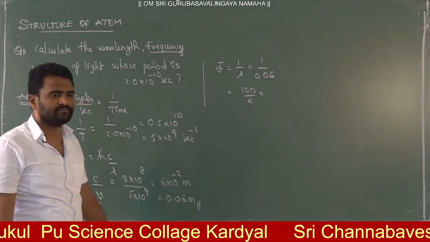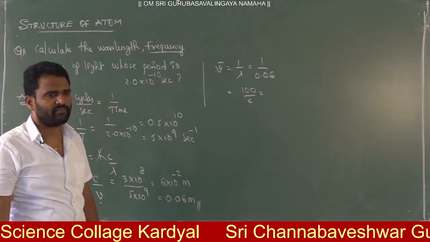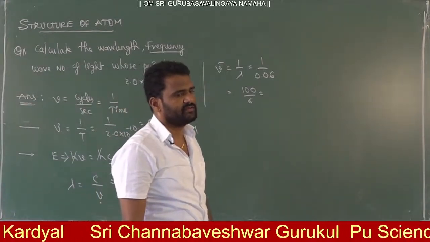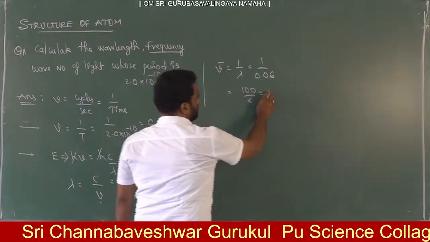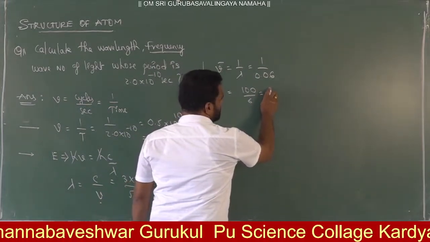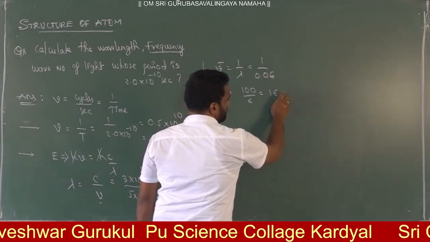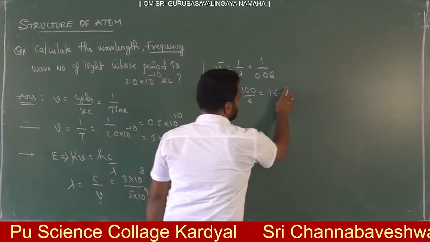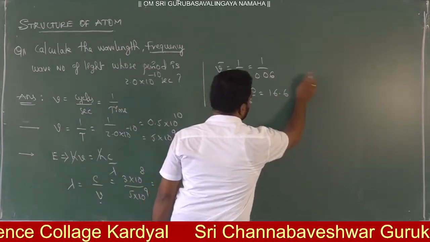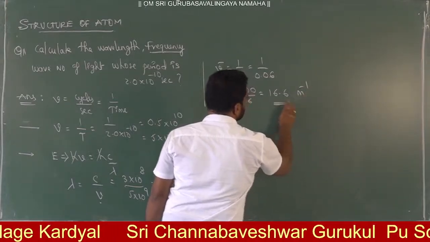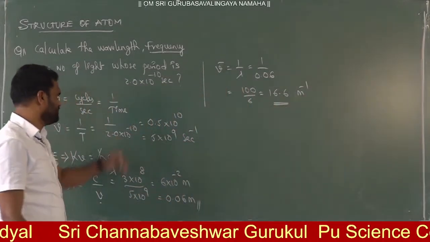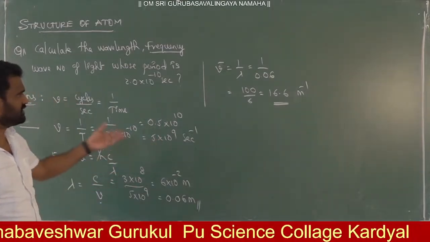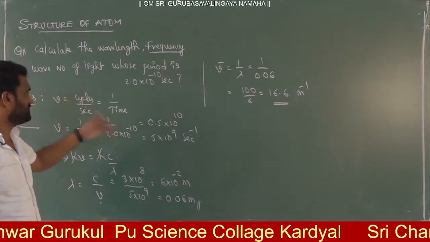What will you get? 16.6. This is the wave number. Wave number means meter inverse; this is in meters, this is meter inverse, and this is second inverse. This is the method to find wavelength, wave number and frequency.